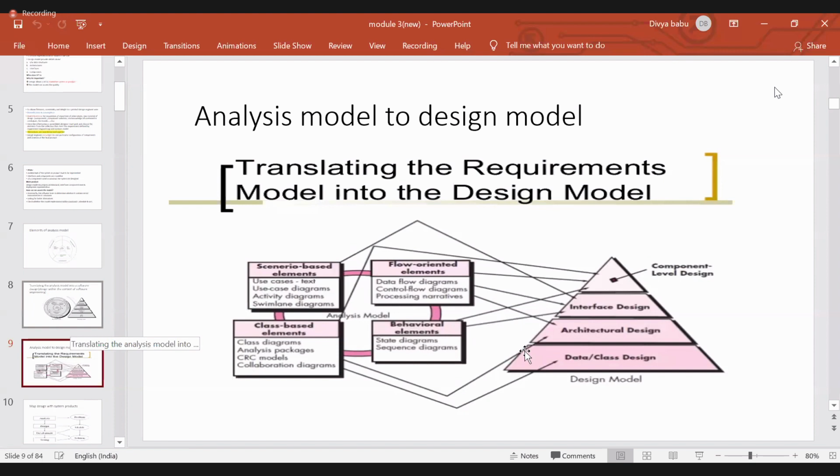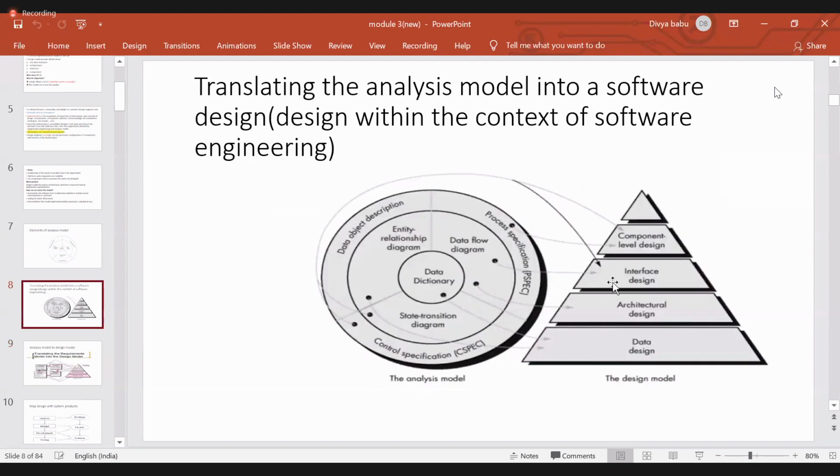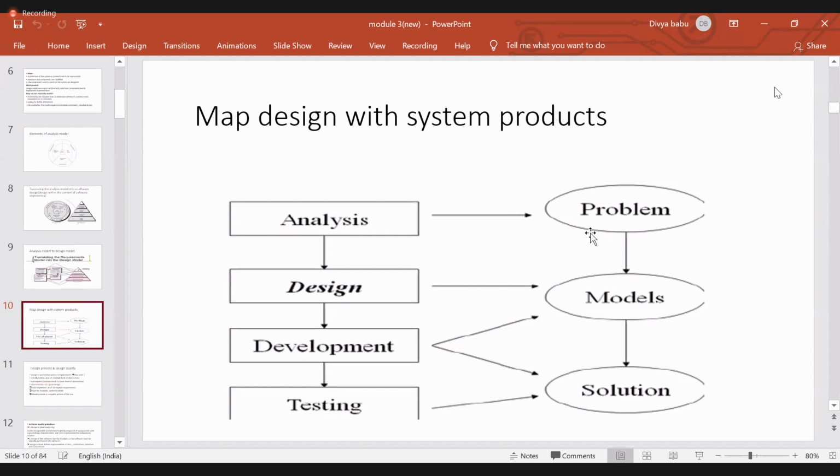The same thing is explained here, how to convert the analysis model to the design model. So these are the inputs for the design model. When you draw the phases, analysis and design are in a single phase, but analysis comes first, then design. When it comes to the work product, after the analysis model, you can state the problem.